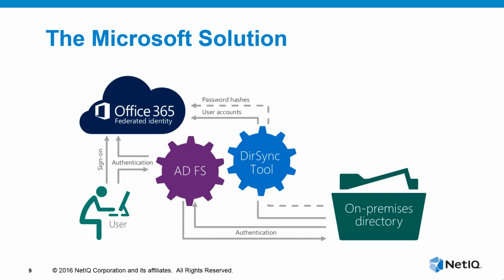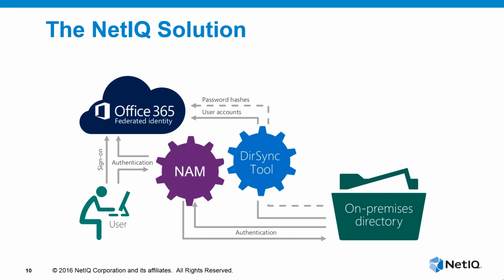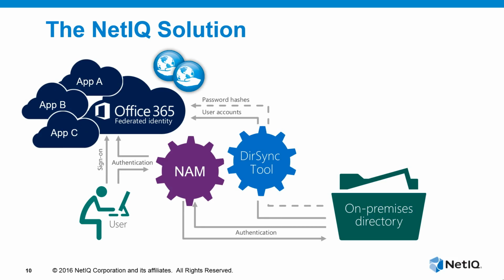If we show this in the picture that we already drew, we see the Microsoft solution, and first we're going to replace the ADFS with the NetIQ Access Management solution. And this enables, within this same diagram, the single sign-on to other cloud applications, internal web applications, but also web applications from your partners, and will offer single sign-on to the end user.